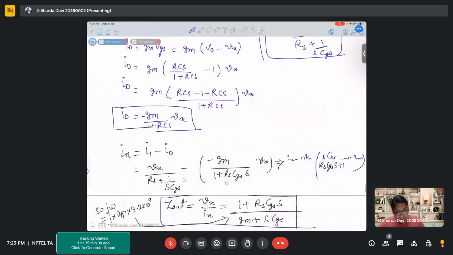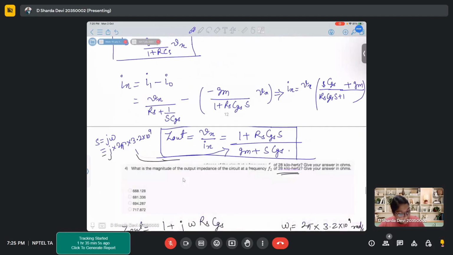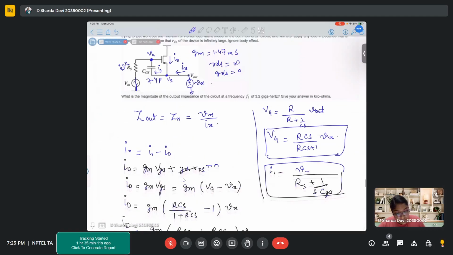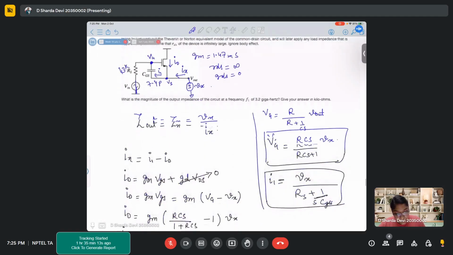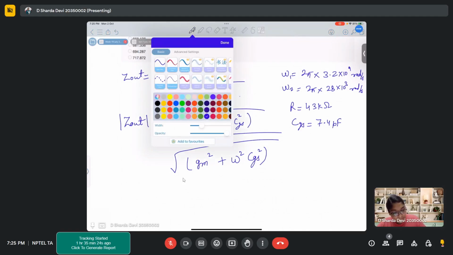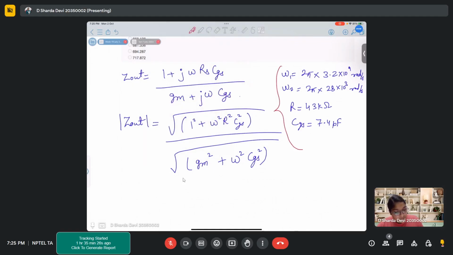R is 43 kilo-ohms, C_GS is 7.4 picofarad. For these given values, what are the magnitudes?